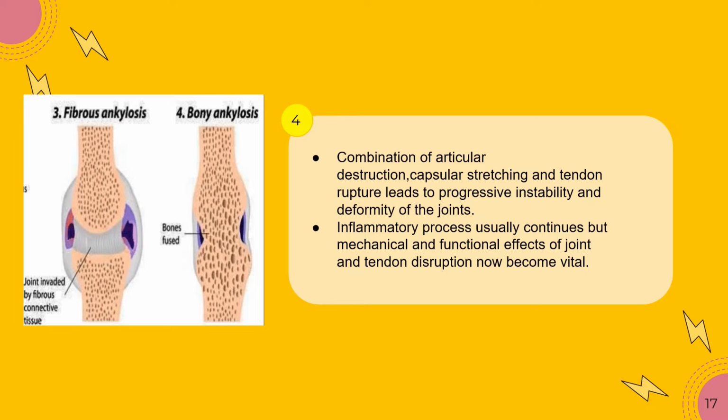This will severely limit range of motion, which may make simple tasks even more difficult. At this point, the joints may start to appear bent and crooked. The inflammatory process usually continues, but mechanical and functional effects of joint and tendon disruption now become vital.